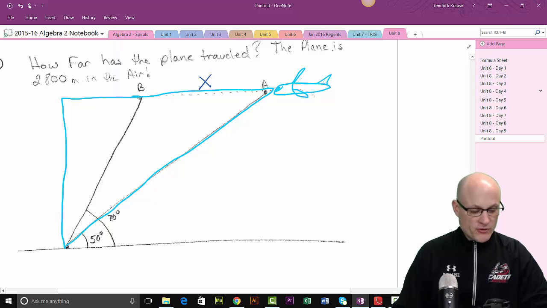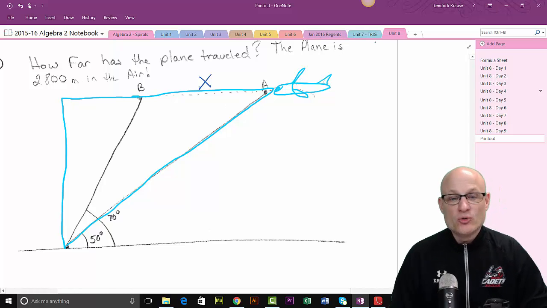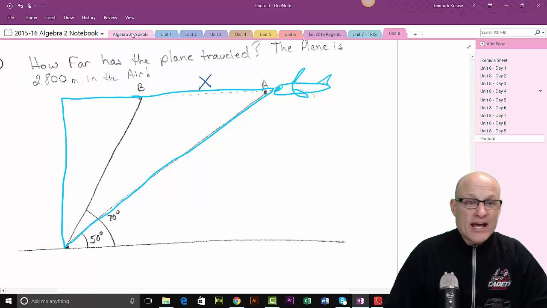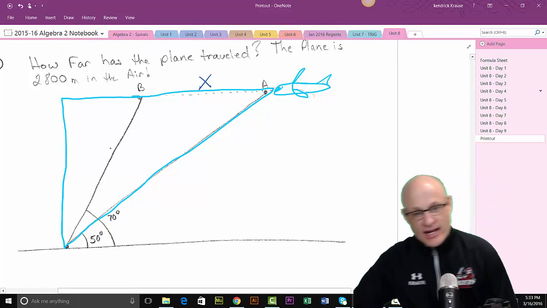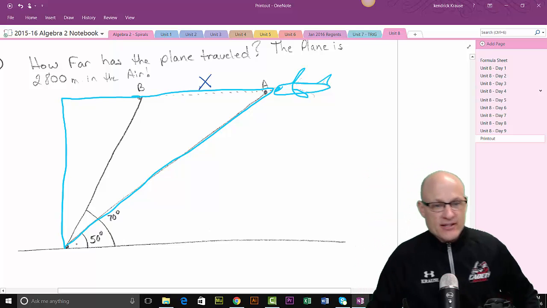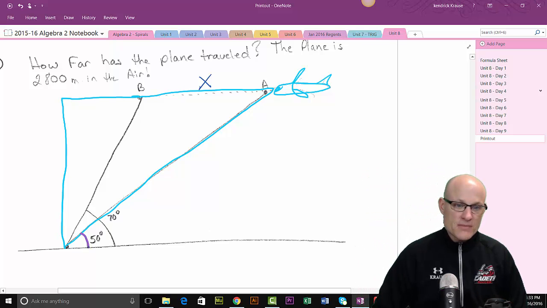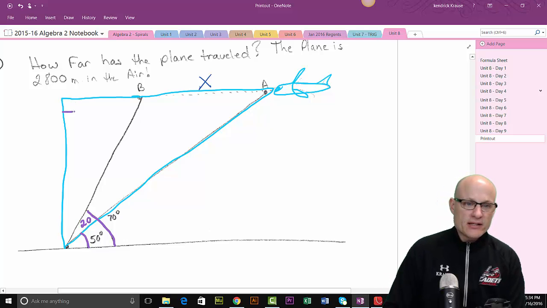And I believe the first thing I told you guys to do was to find all of the angles. That's the first thing I'm going to do. I'm going to go find all of these angles. Let's see. That's 50. And that's 70. That makes this 20. Now this is 90. Now this is also 90 down here. And if this is 70, this has to be 20 as well.